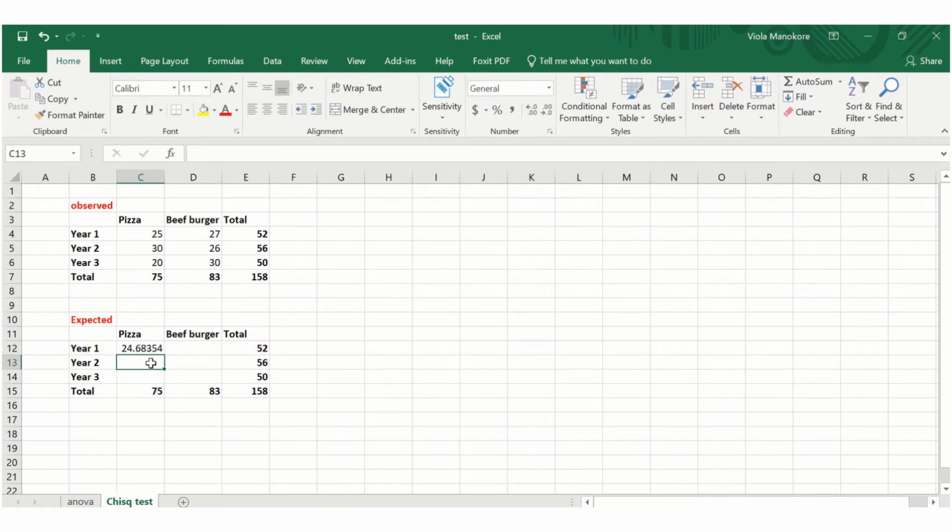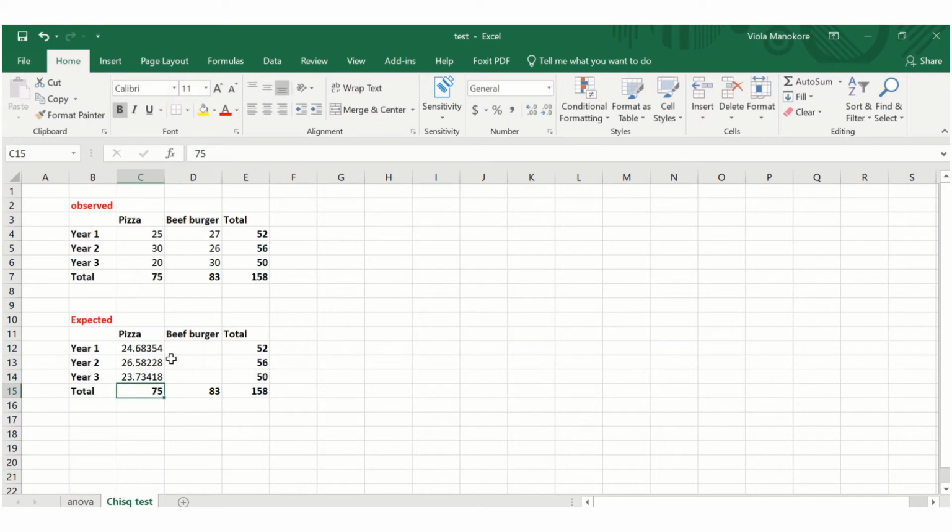I do the same for this one. This is equal to column total multiplied by the row total divided by the grand total. Enter. I do the same here. This is equal to column total multiplied by the row total divided by the grand total.